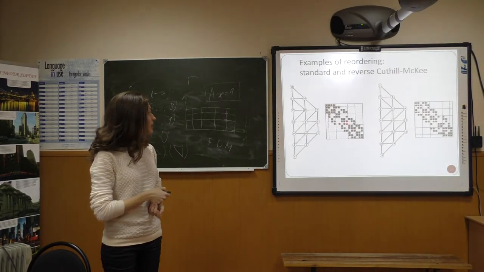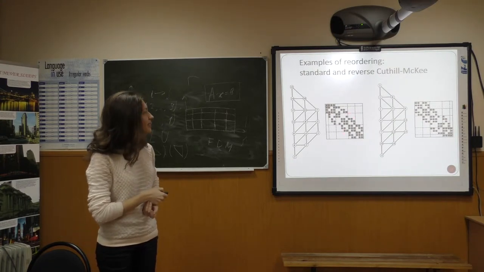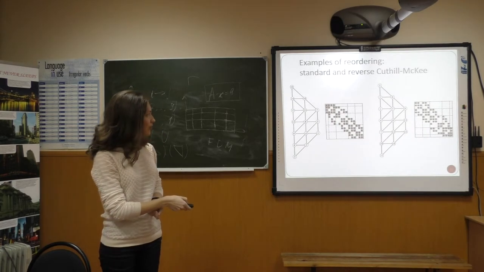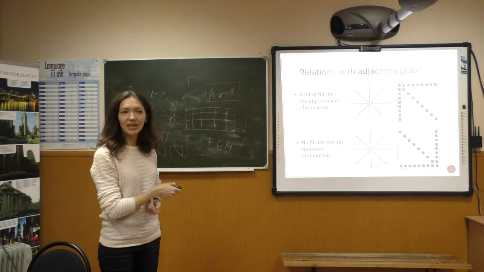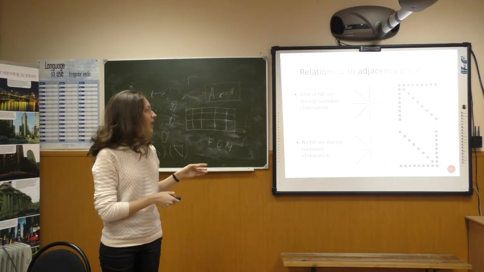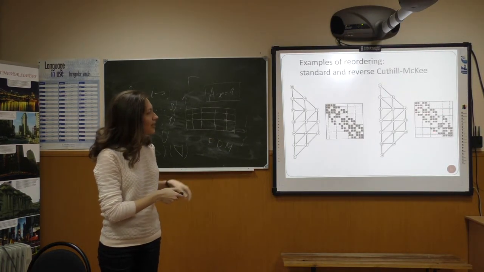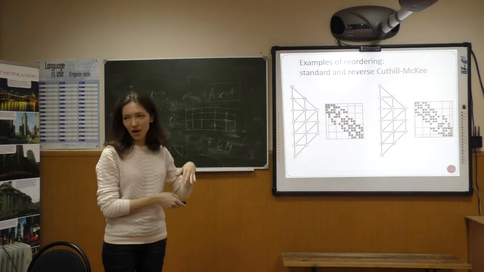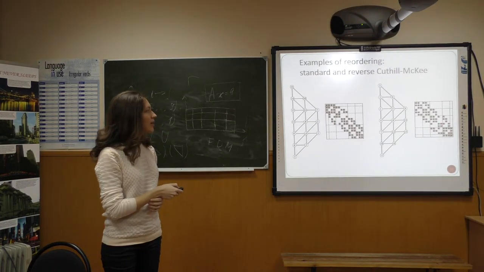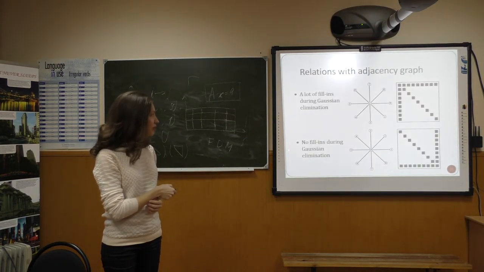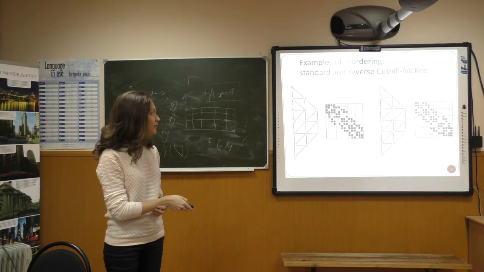And this matrix has actually the same structure as this matrix on the previous slide. It is directed upward, and the second one has mainly arrows directed downward. So again, this matrix will have, as in the previous example, no fill-ins during the Gaussian elimination process.